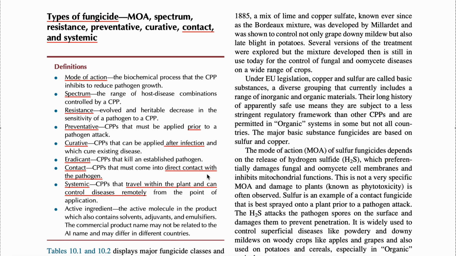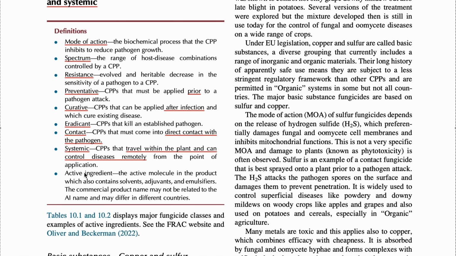So every chemical has pros and cons. But contact fungicides cannot move; they need to be directly touched with the pathogen, whereas systemic fungicides can move and travel to that location, right?